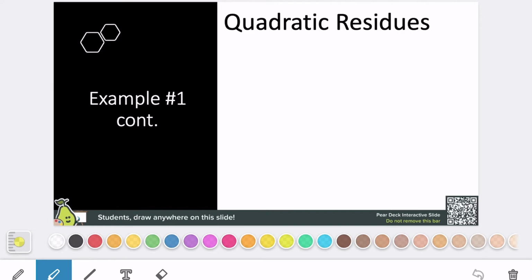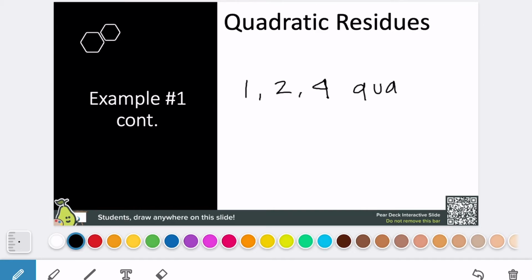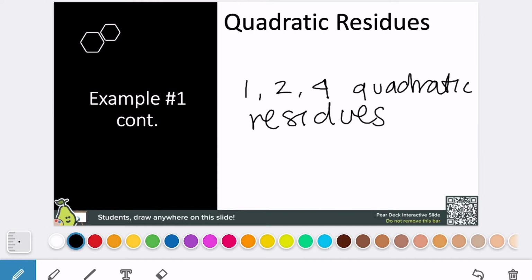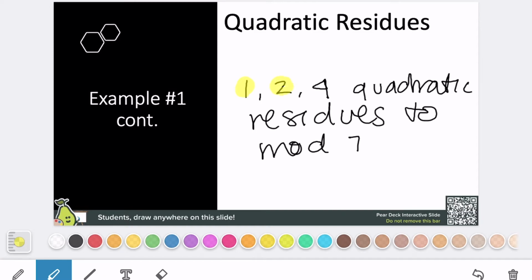First, we see that 1, 2, and 4 are quadratic residues mod 7.